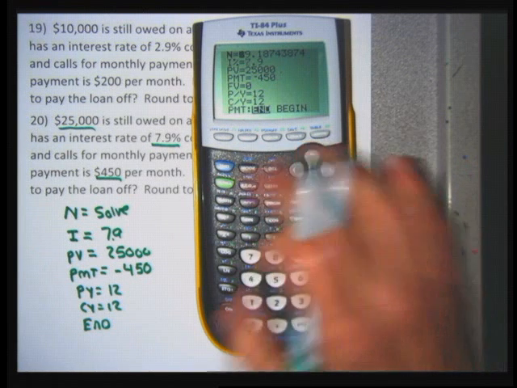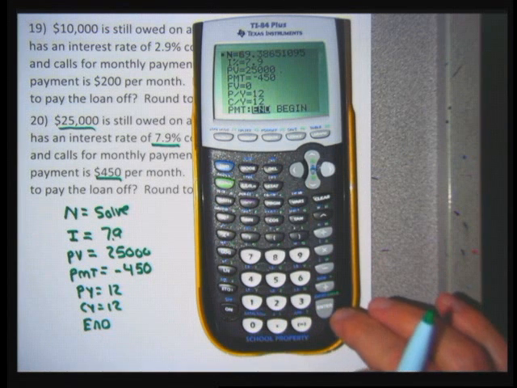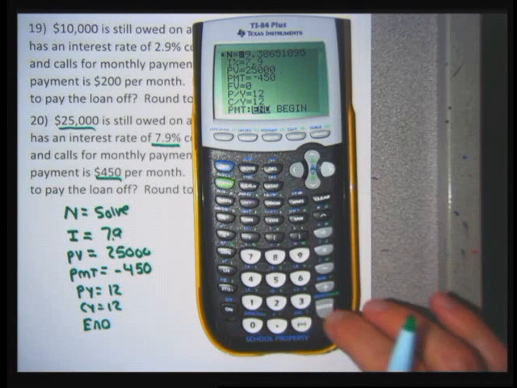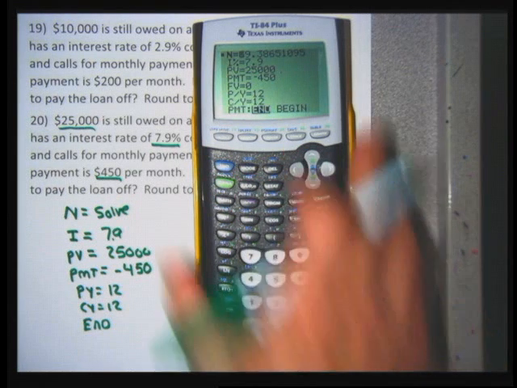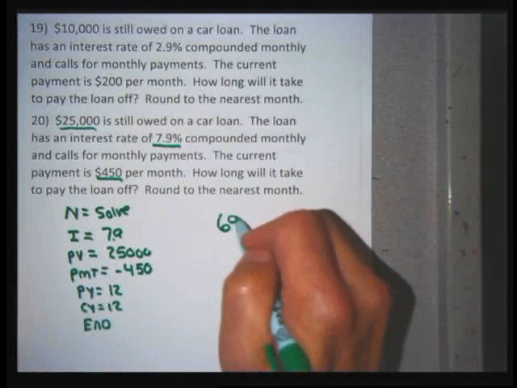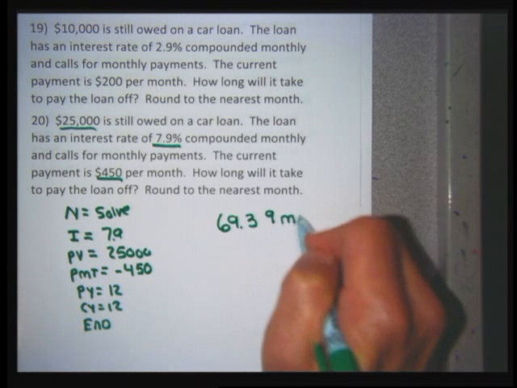Move up to the N, hit the green alpha button and hit enter. That's surprising. It's almost the exact same number as my previous problem. So it's 69.39 months.